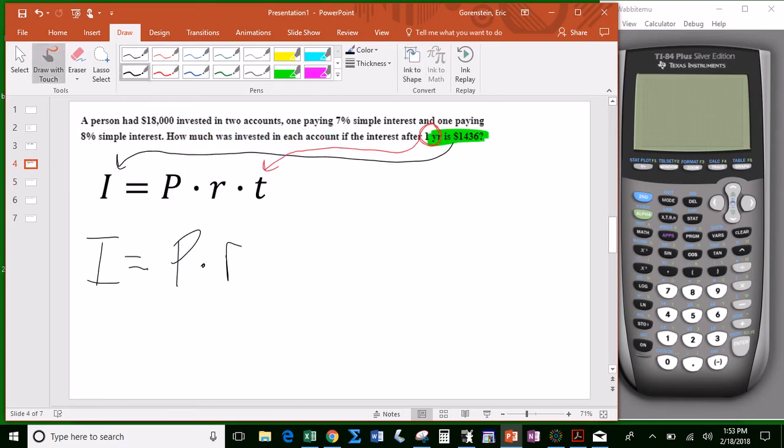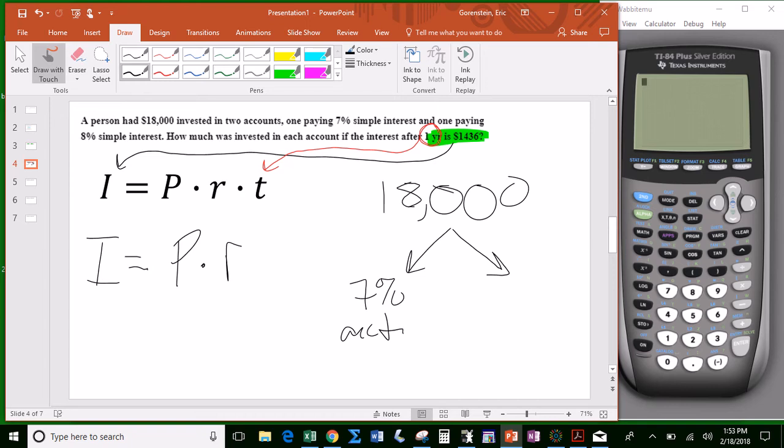So it looks like the situation we're dealing with is this: the 18,000 is going to the 7% account and the 8% account.